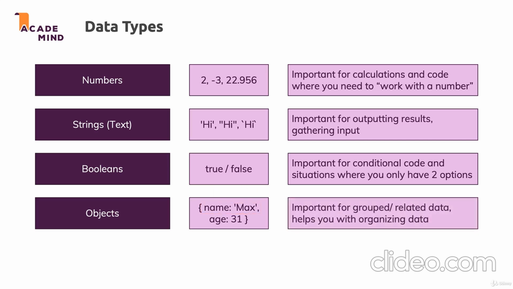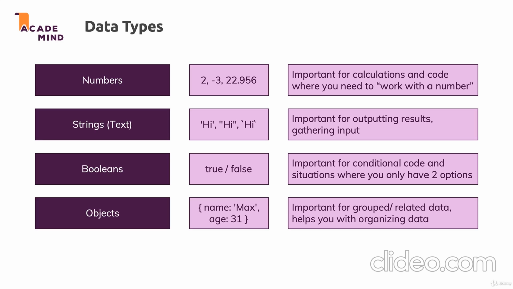Now, as I said, you use it for grouping or relating data. Let's say you have a little program where you work with persons, where you have user data that you need in your JavaScript code. Now, each user might have a name and an age.